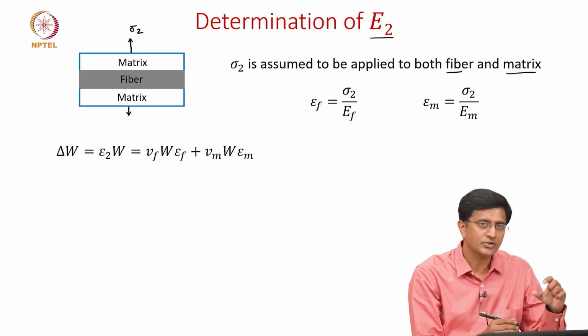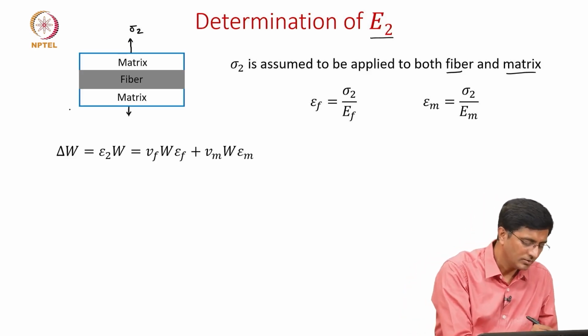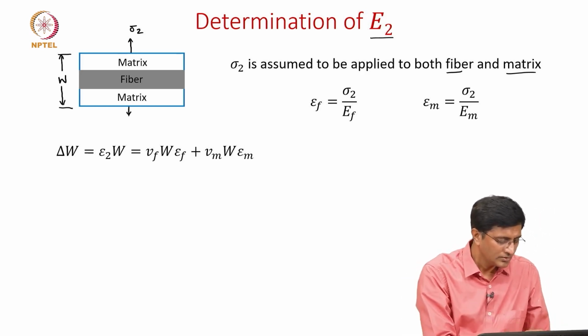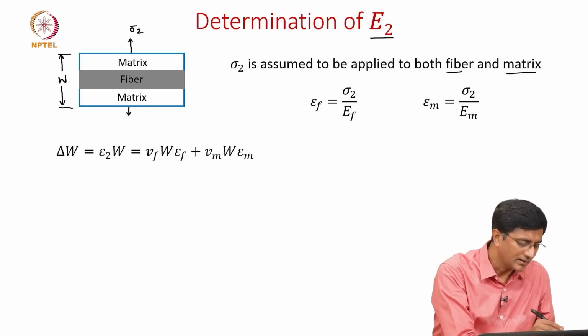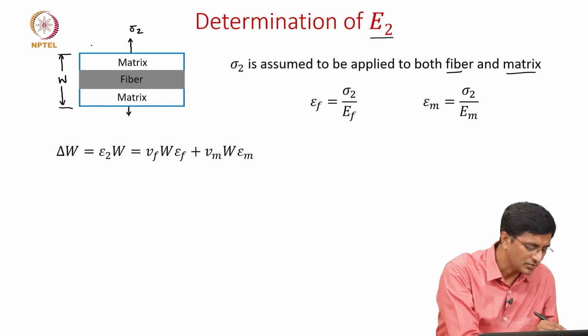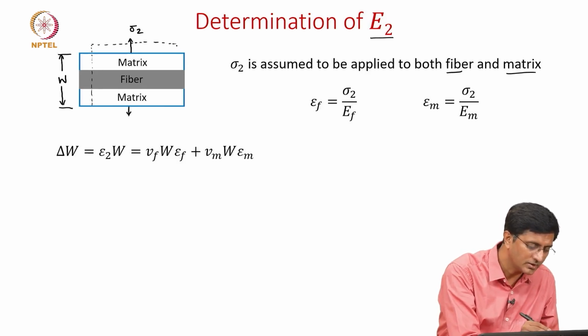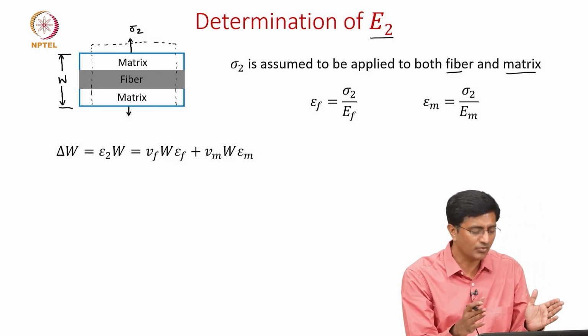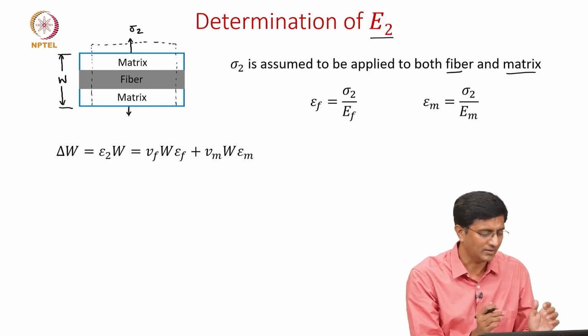Now we focus on the height of the lamina, or we can also call it the width of this lamina. So W is the total width. After application of the load, let's say this changes in so and so fashion. This is the shape it takes, meaning there is an increase in the dimensions along the loading direction 2, but along the direction 1 there is a decrease in the length.